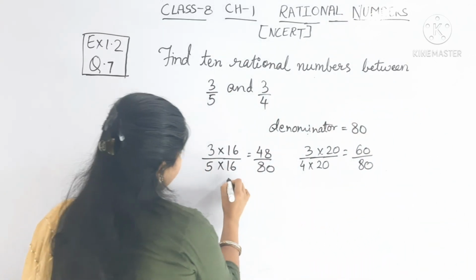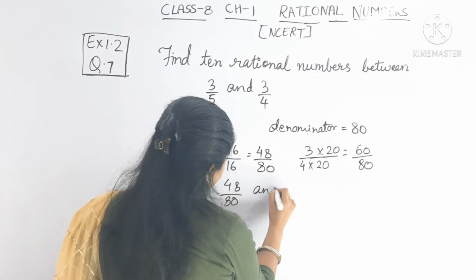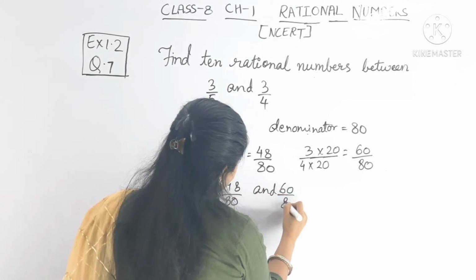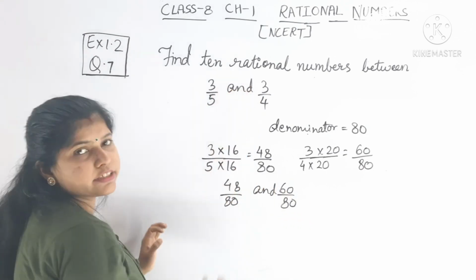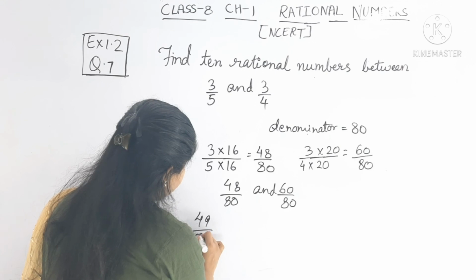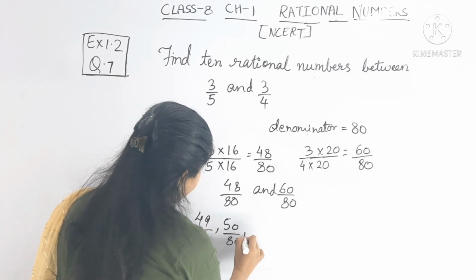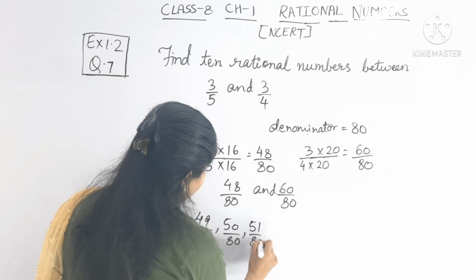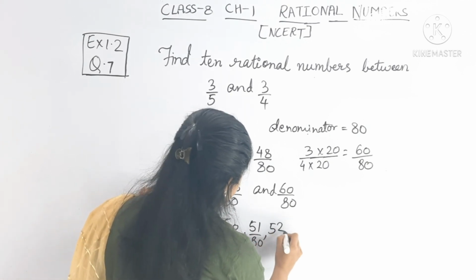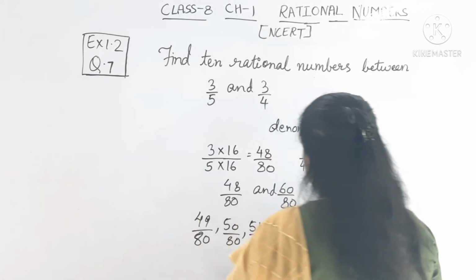So between 48 by 80 and 60 by 80, we have to find 10 rational numbers. In sequence you can write 49 by 80, 50 by 80, 51 by 80, 52 by 80. This is 4 rational numbers.